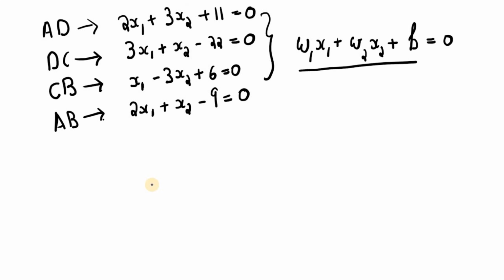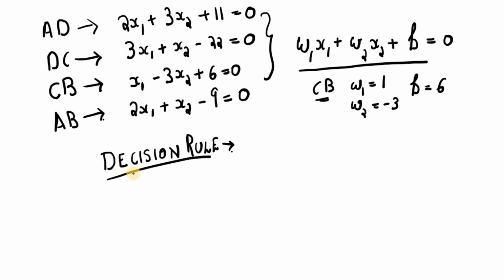So corresponding to each of these lines, we can find the values of w1, w2 and b. Just to give an example, if I consider the line CB, over here the value of w1 is equal to 1, value of w2 is equal to -3, and the value of b is equal to 6.